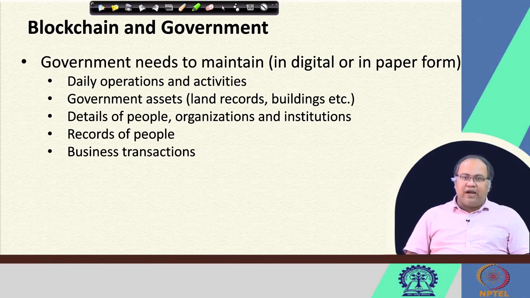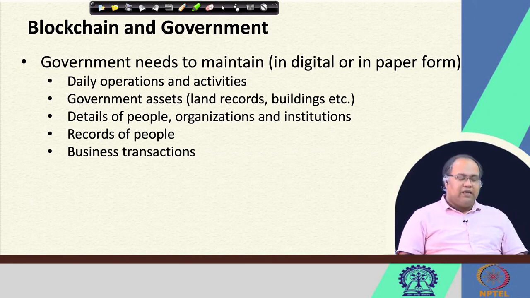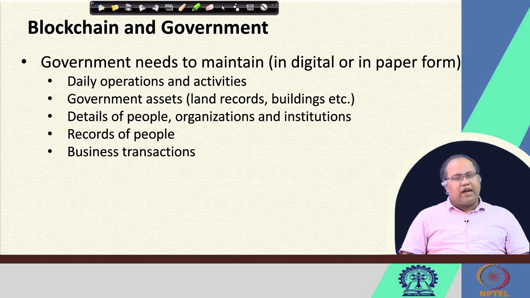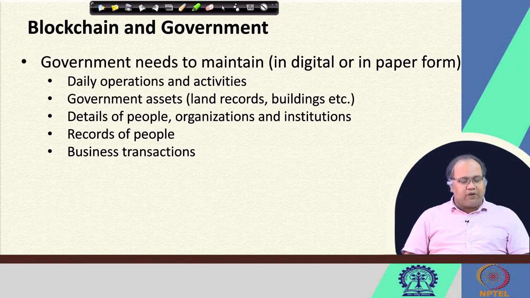Now, apart from the land registries or the land records, there are several other data that a typical government needs to maintain, like the daily operations and activities of the government, and the different kinds of assets. Obviously, land record, as I mentioned, is one such asset. Then the buildings, the properties, the roads and so on.